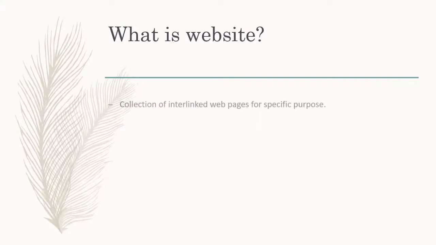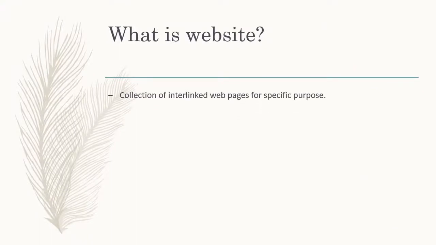What is a website? A website is a collection of interlinked web pages for a specific purpose. Interlinked web pages means what? All the pages are linked with the home page. When we open any website, you see the first page. That first page is known as the home page, and one website may contain 1,000 or maybe 1 lakh pages, and so much content and so many products are there, but all the products are not essential for one particular customer.